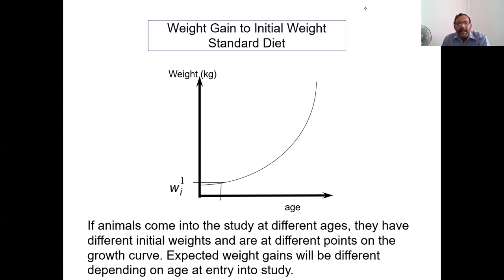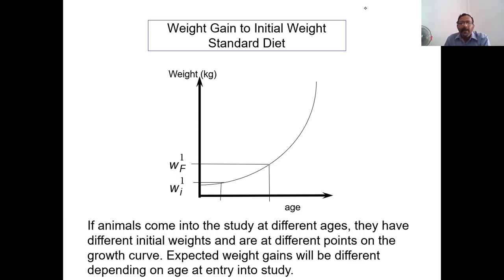For example, look at it: an animal coming at a particular age has an initial weight Wi. Another animal coming at a higher age than the previous has weight WF.